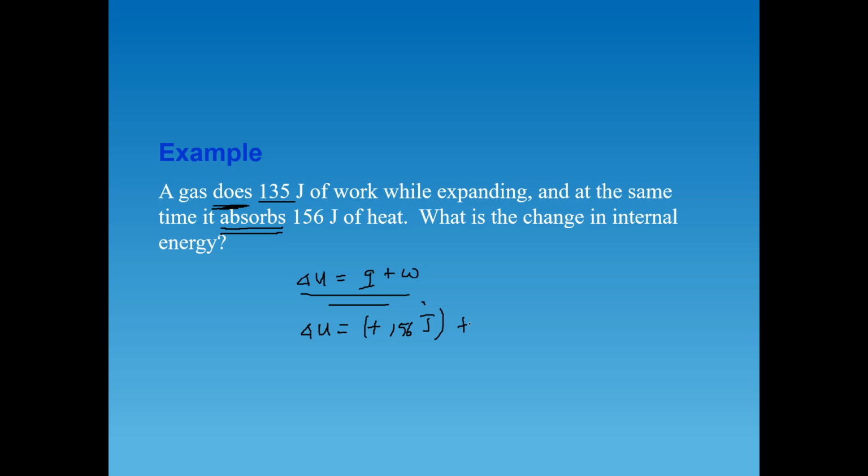So we're going to add the value for W, which in this case will be minus 135 joules. And therefore, delta U will be equal to 156 minus 135, which is equal to 21 joules. So the answer here will be 21 joules.